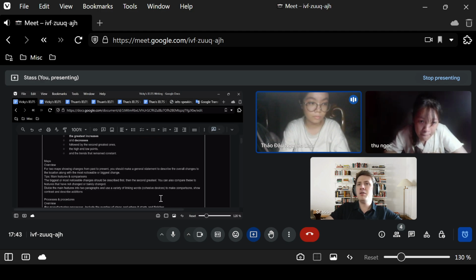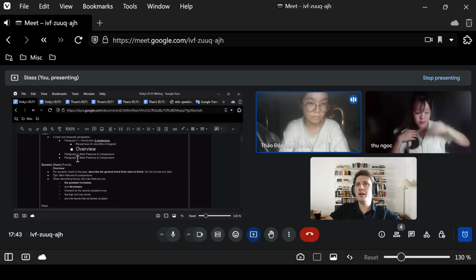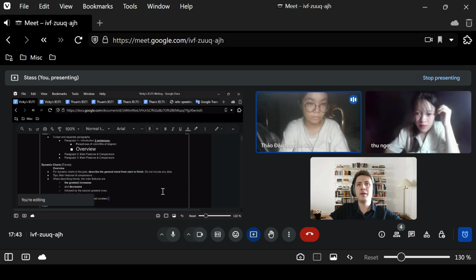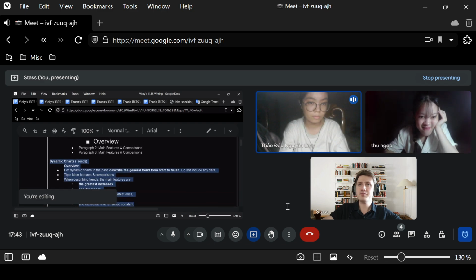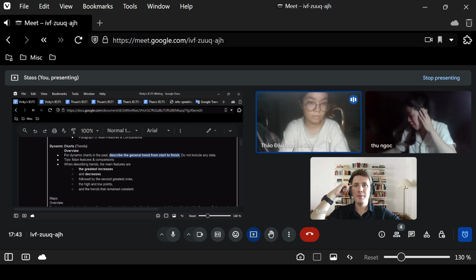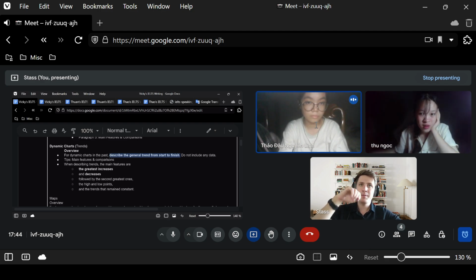So this is obviously a dynamic chart, the most common one. So here we have the general trend from start to finish. This is our what? Overall overview.